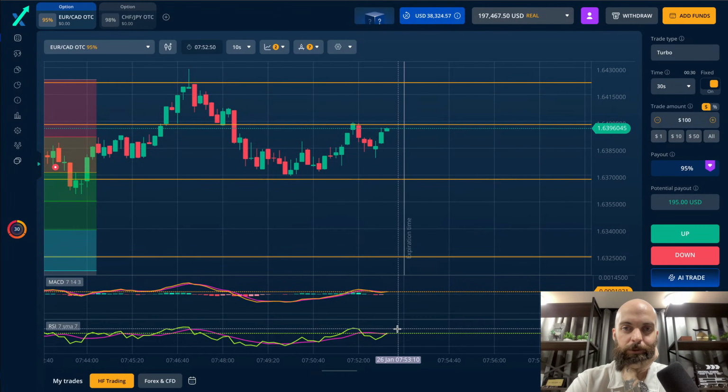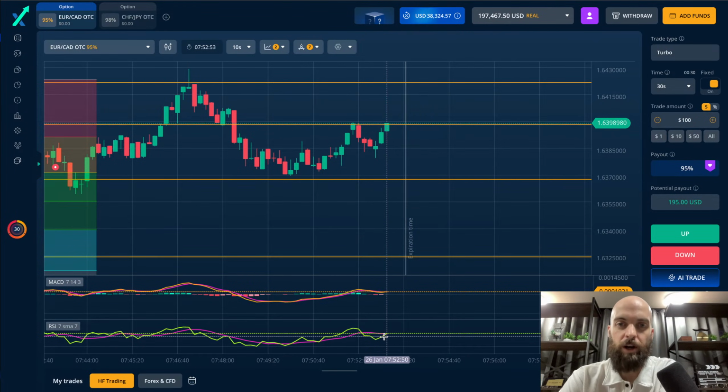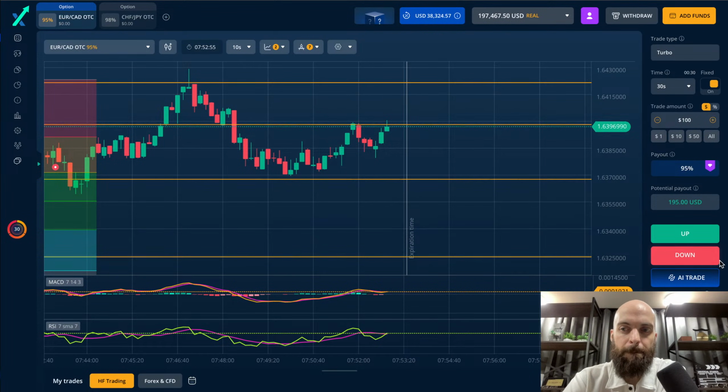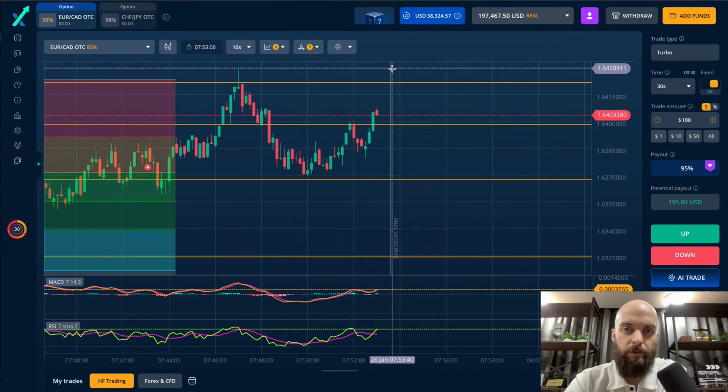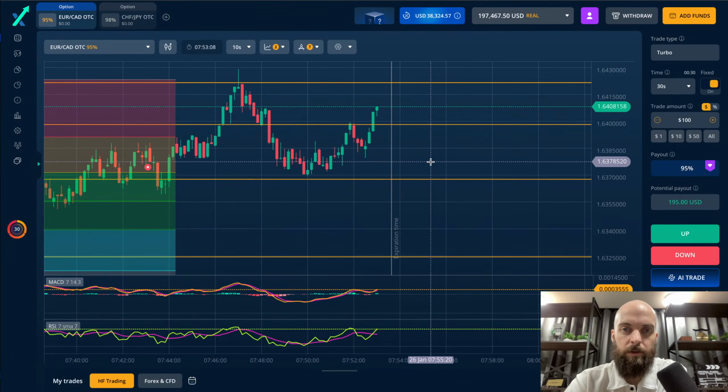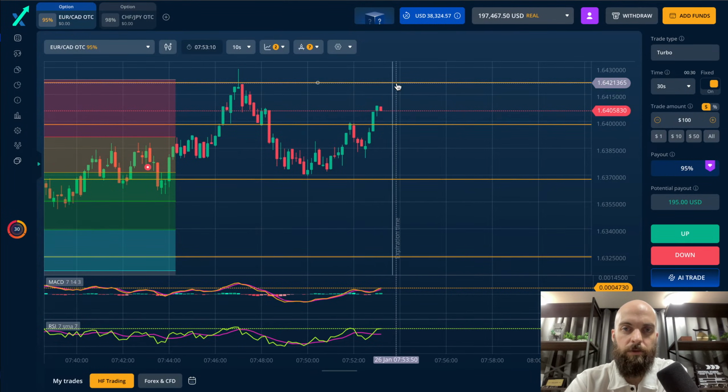Okay, there we go. We can get a lower high. Some type of candle formation. Okay, well, we're looking for the same thing up here. It just broke through this level.